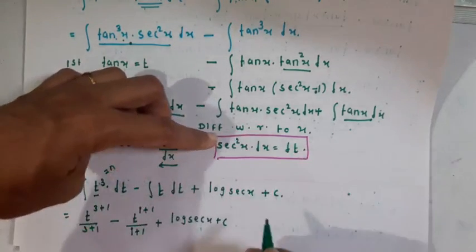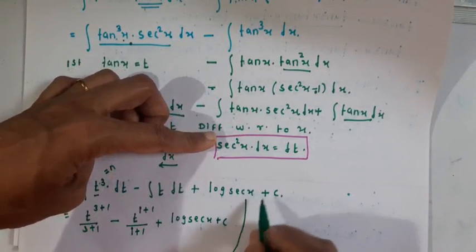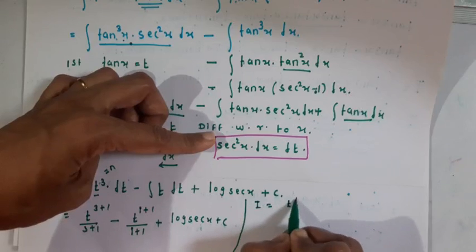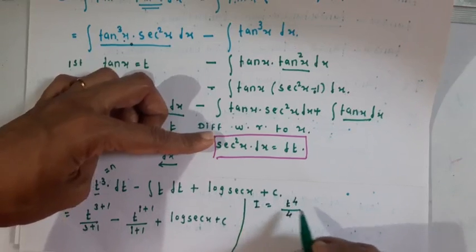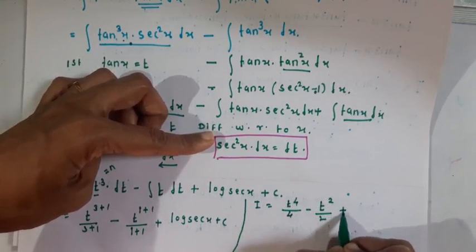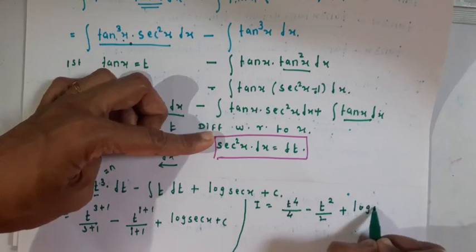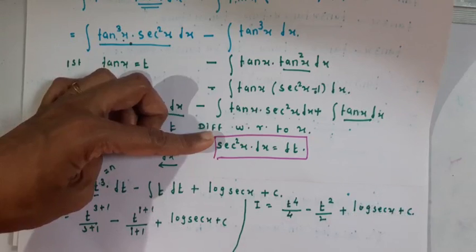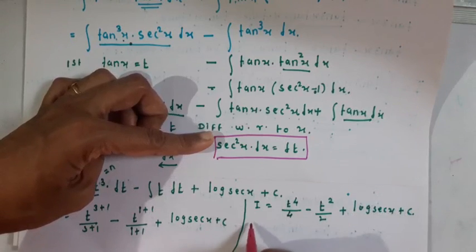Hence the integration I equals t raised to 4 upon 4 minus t square upon 2 plus log of sec x plus the constant of integration c.